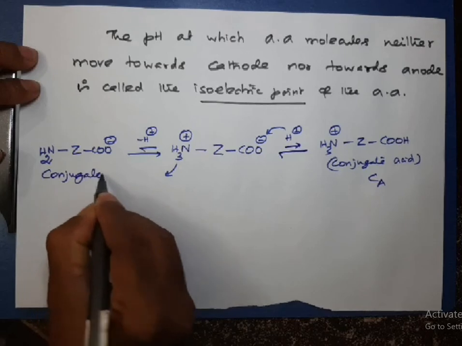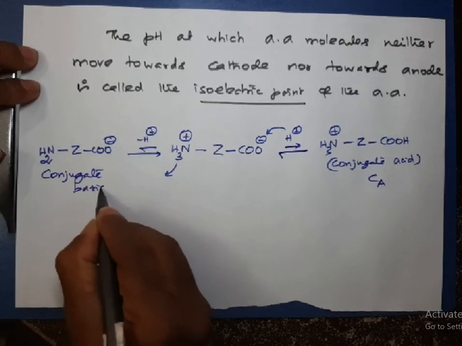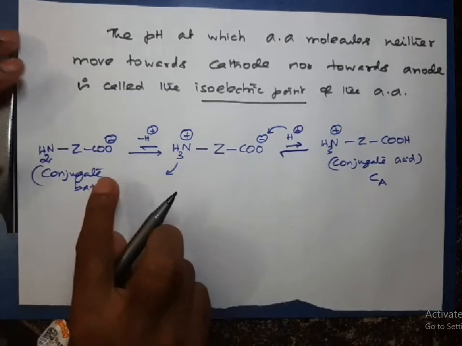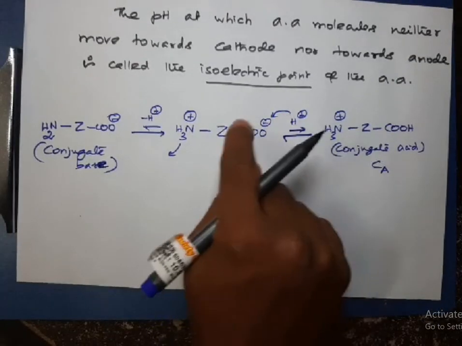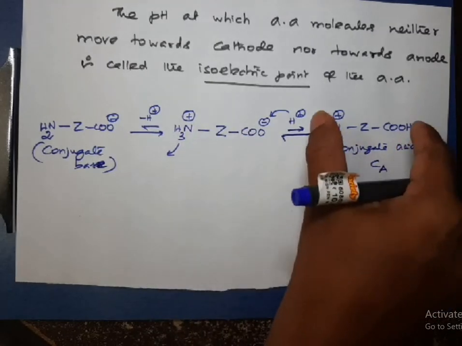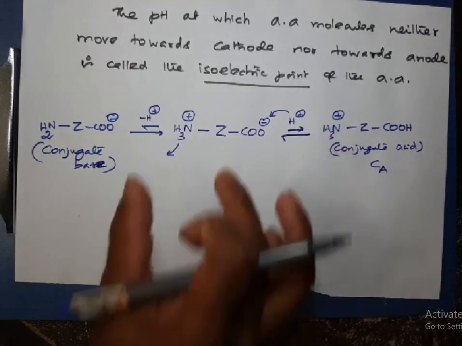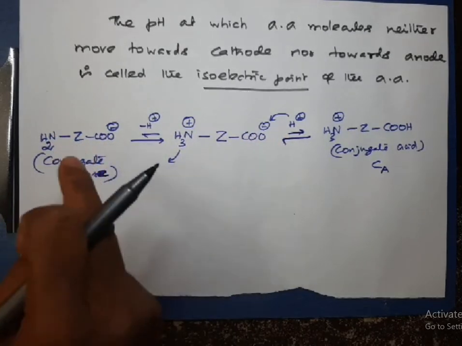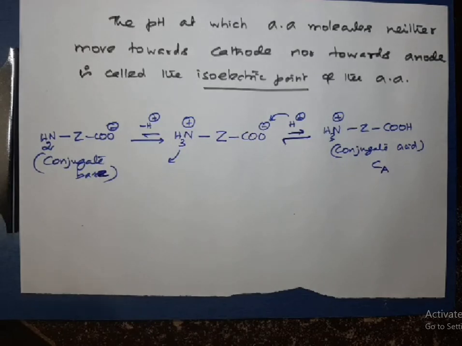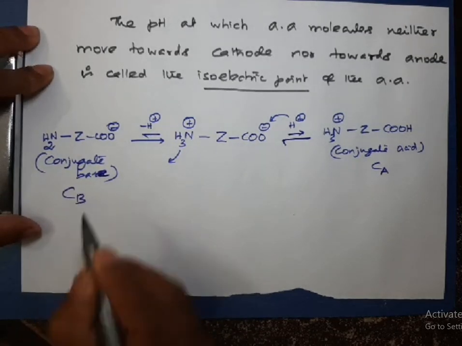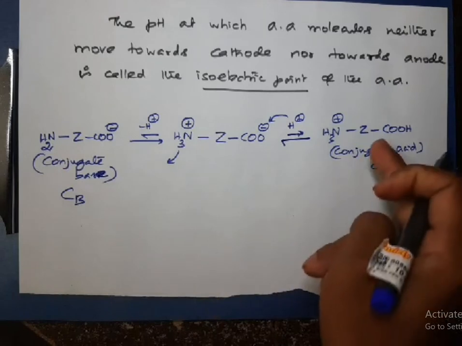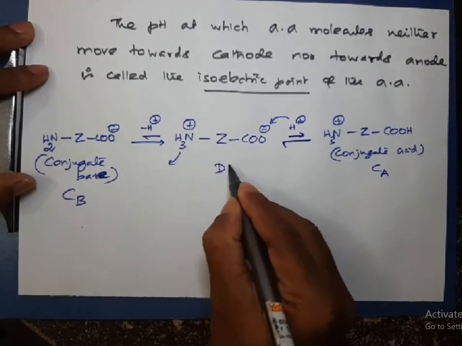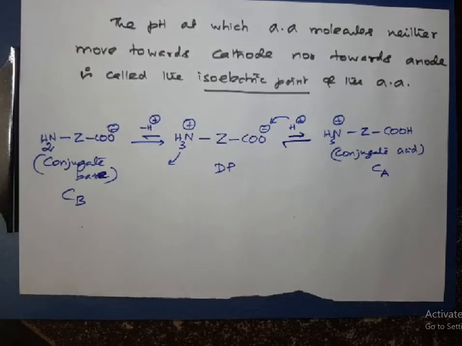These are basic terms that I am using here. What is conjugate acid? What is conjugate base? Very simple. To a molecule, if you add H plus, the new species is called the conjugate acid. From a molecule, if you remove one H plus, the new species is called the conjugate base. Let me represent this simply as Cb. This is the conjugate base, this is the conjugate acid, and this is the dipolar ion. I'll write this as Dp, dipolar ion or zwitterion.